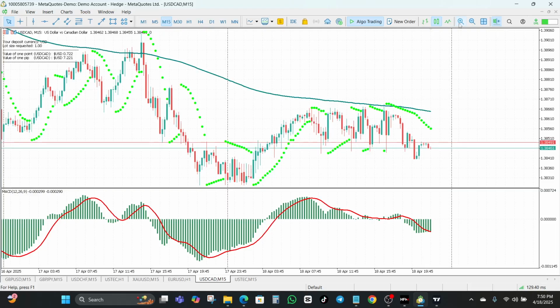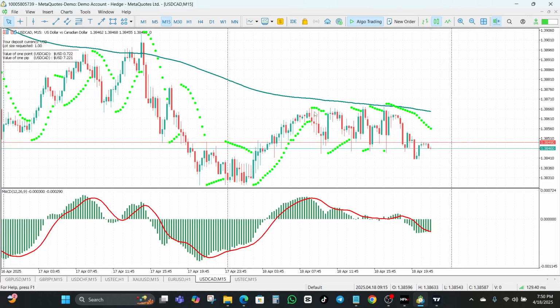Dots flipping below price suggest bullish sentiment, bullish momentum. Dots flipping above price indicates bearish momentum. So it's a simple way to visually confirm a trend continuation or reversal.